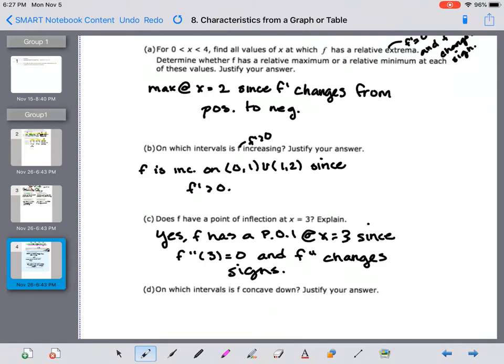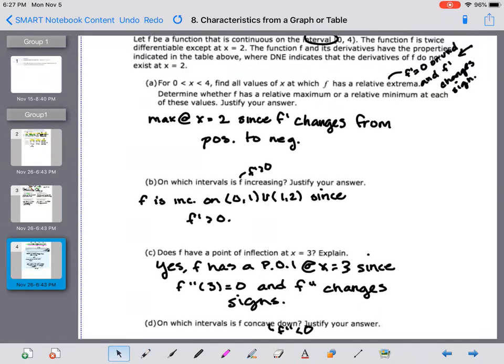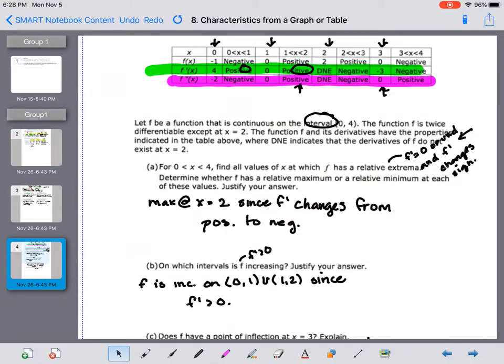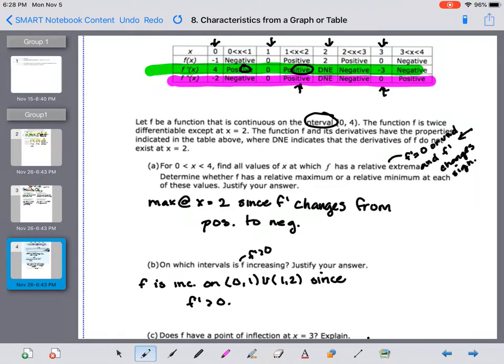Okay, and then the last one, on which intervals is f concave down? So now we're looking where f double prime is less than 0 or is negative. So we're going to go back to our table and we're looking for those intervals of negative on our second derivative. So that interval right there, positive, we don't care, negative right there.